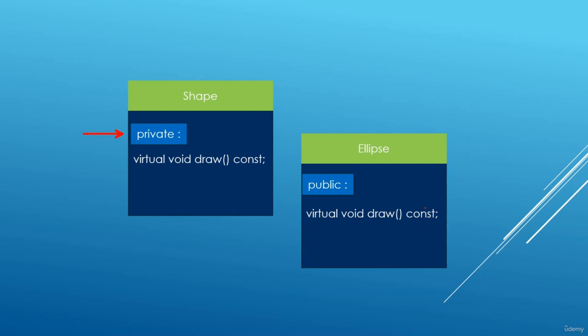Now, the question is, what is going to happen if you try to use these objects directly without going through polymorphism? Or what is going to happen if you try to use a base pointer and call the most specific method in a derived class object through polymorphism? How is this going to play out? Well, if you go through a base pointer, the access specifier in the base class is going to win.